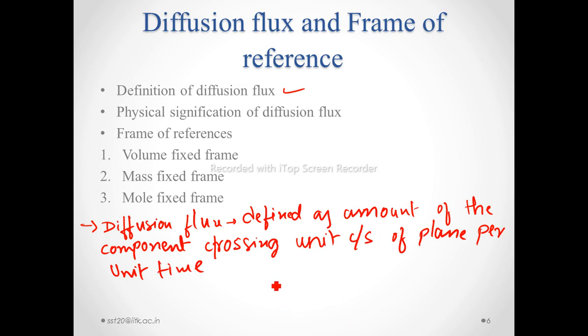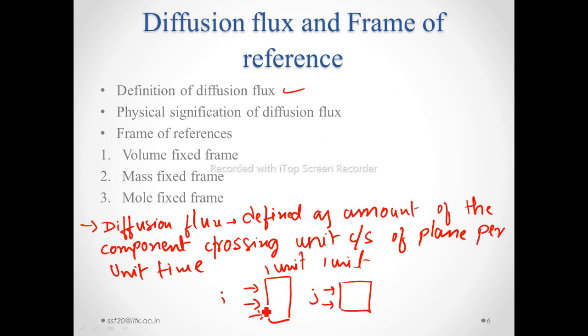This is the amount of the component crossing per unit area of cross section per unit time, called the flux of that component I. For explanation, here 3 arrows are there, and in another component J it is having only 2 arrows, and here we can say the flux of I is greater than the flux of J. This is the meaning of flux.